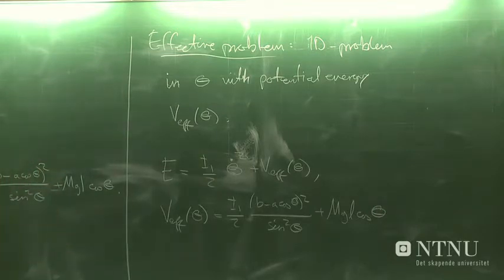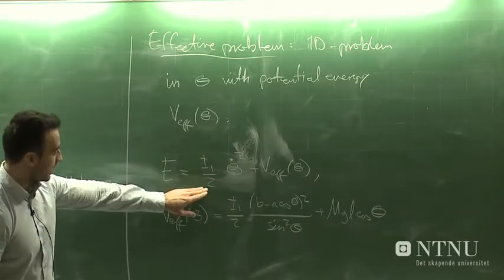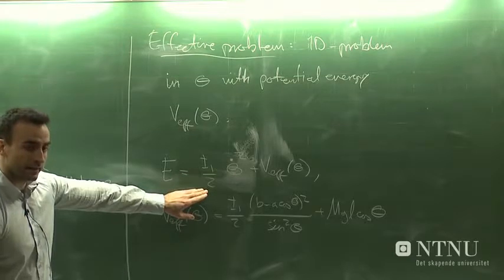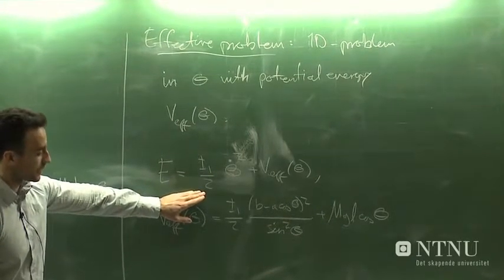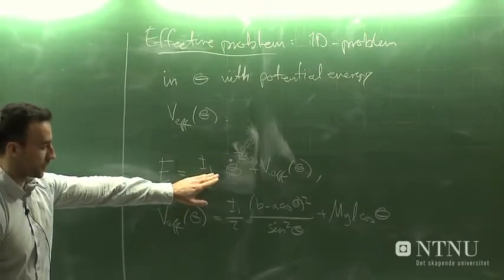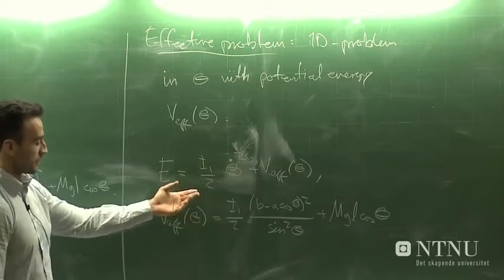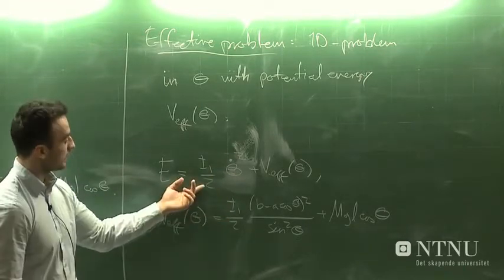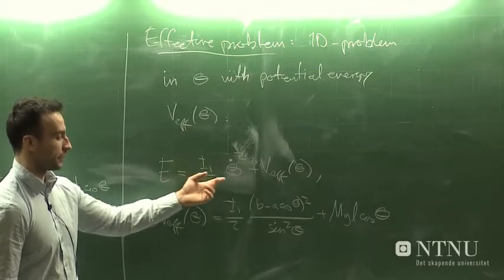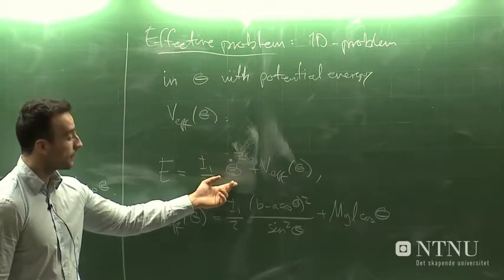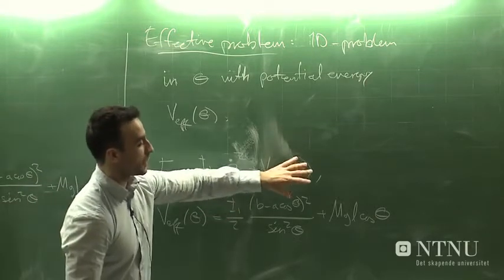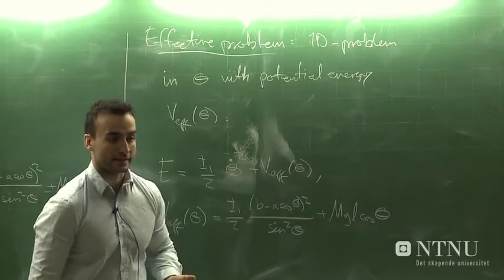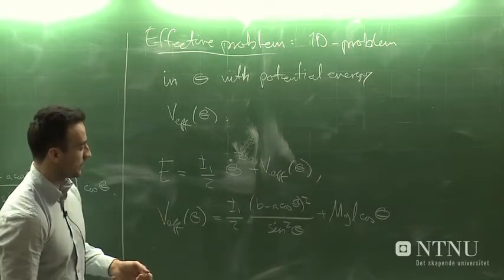we have an effective one-dimensional problem, and if you substitute theta with x, this looks like a conventional kinetic energy term, just a particle moving in one dimension, right? This would be 1/2 mass multiplied with velocity squared, moving in some effective potential that depends on x, or theta in this case.